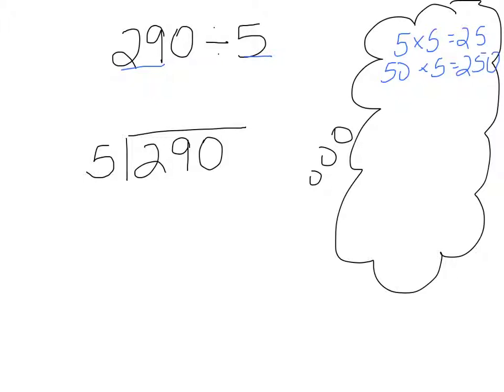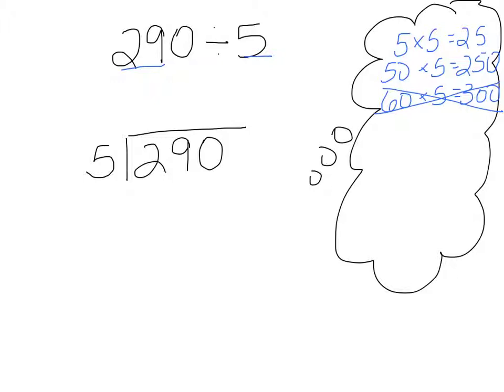Well, but I've still got more going on. I wonder what 60 groups of 5 would look like. Well, if 5 times 6 is 30 and 30 times 10 is 300, again, that's too much. I only have 290 things to divide up.